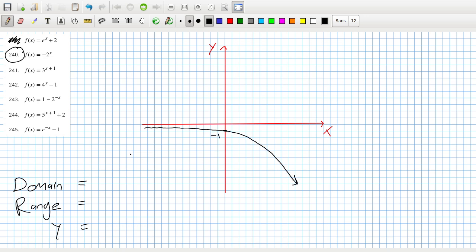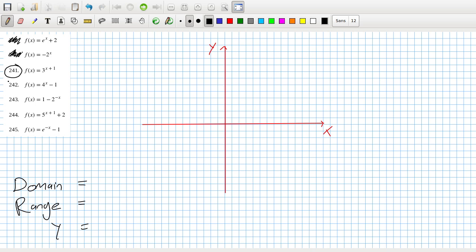That's at -1. And the asymptote is the x-axis. Domain is all reals, and the range is minus infinity to 0. Yeah, I think that's fine. Okay. That's taken care of.